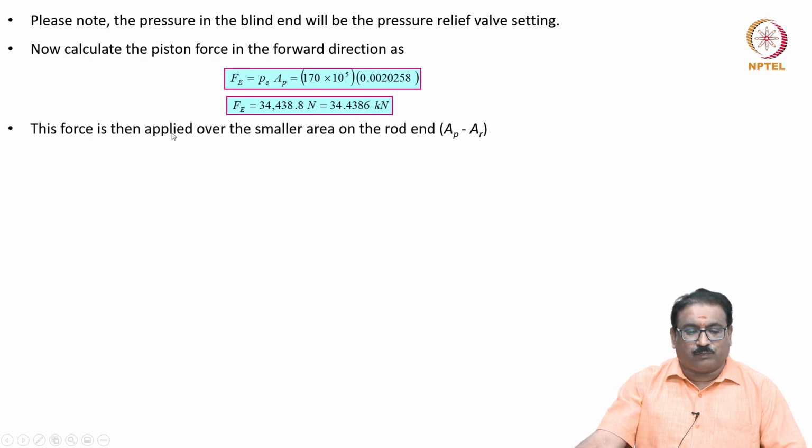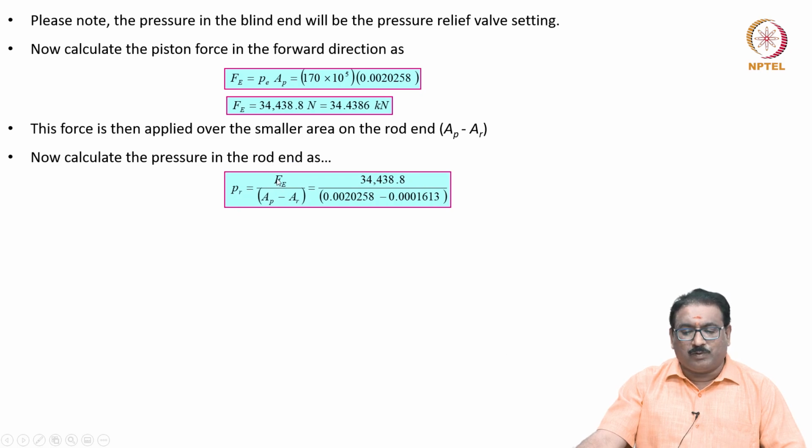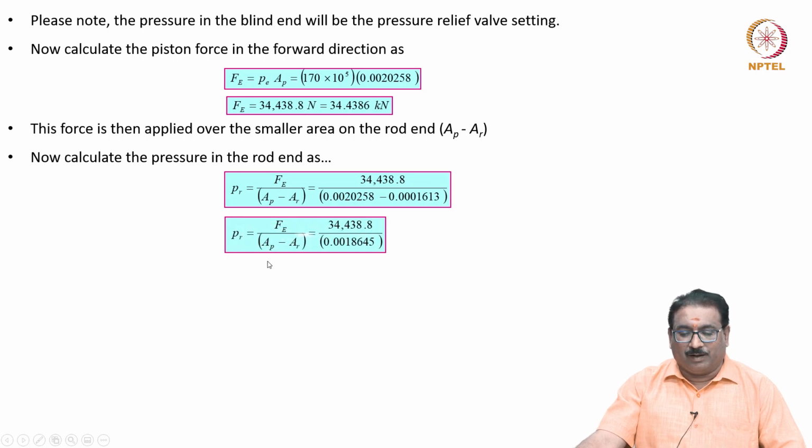Now you will see this force is applied over the smaller area on the rod side. Rod area is AP minus AR, correct? Now calculate the pressure in the rod end as PR equals Fe by AP minus AR. Substitute the value here. Now, how much will you get?